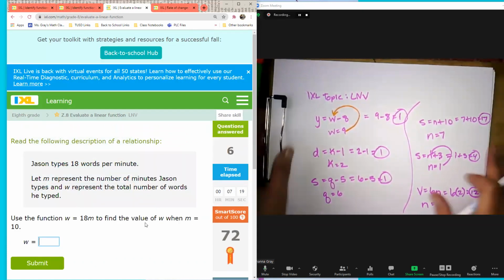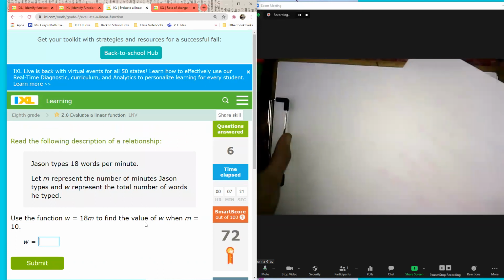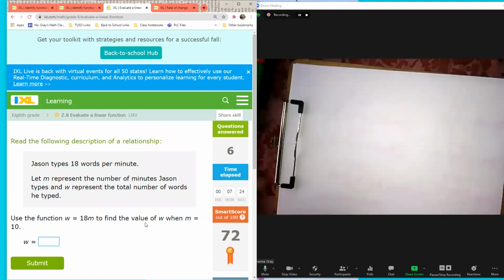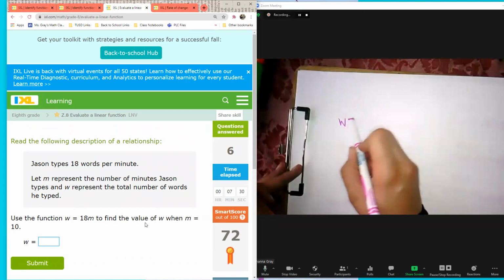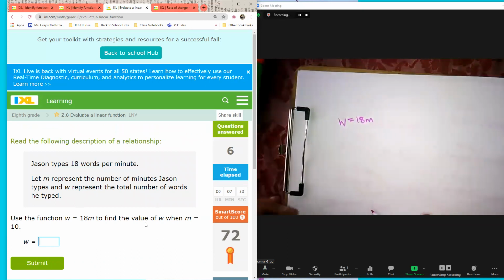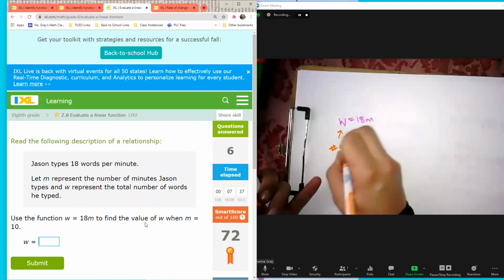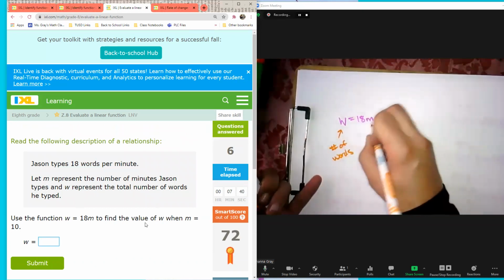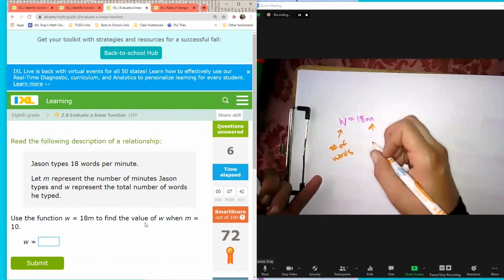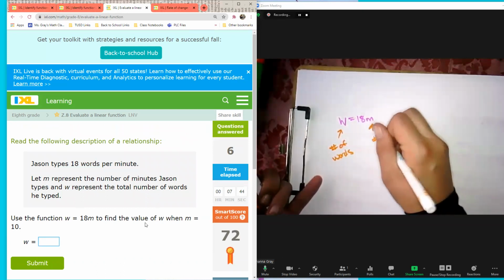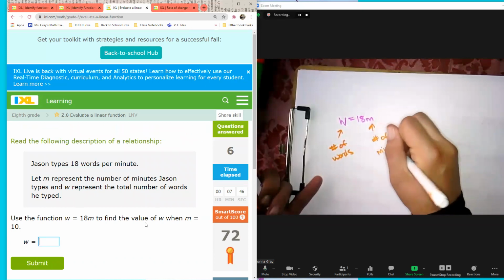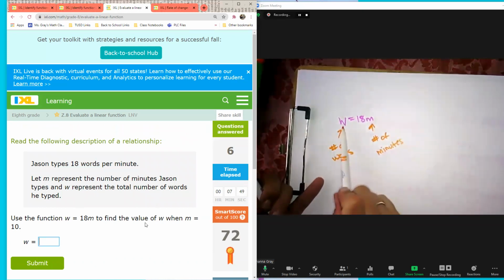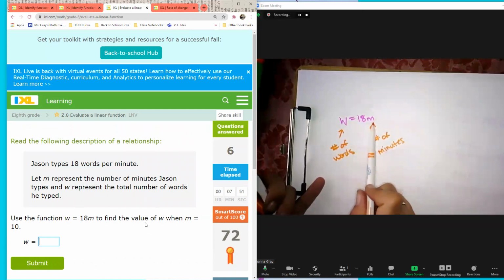Oh, here we go. Let's look at this. Jason types 18 words per minute. Let M represent the number of minutes Jason types, and W represent the total number of words he types. So the function W equals 18M is literally saying the number of words is equal to 18 times the number of minutes he types.